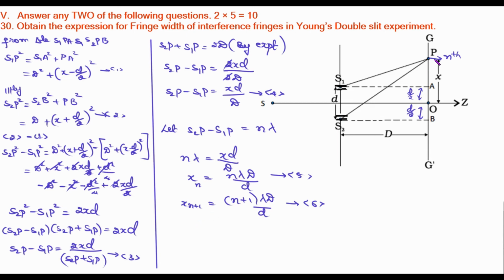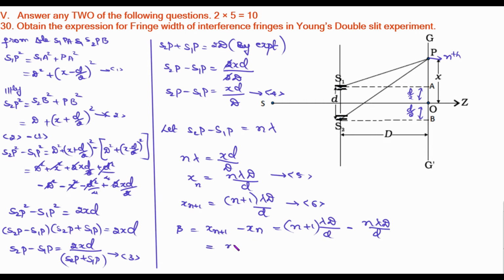If we want the fringe width, when we subtract the distances of the nth fringe and the n plus 1th fringe, we will get the fringe width. So fringe width is xn plus 1 minus xn. xn plus 1 is n plus 1 into lambda D by d minus xn, which is n lambda D by d. Now let's multiply this with the bracketed terms.